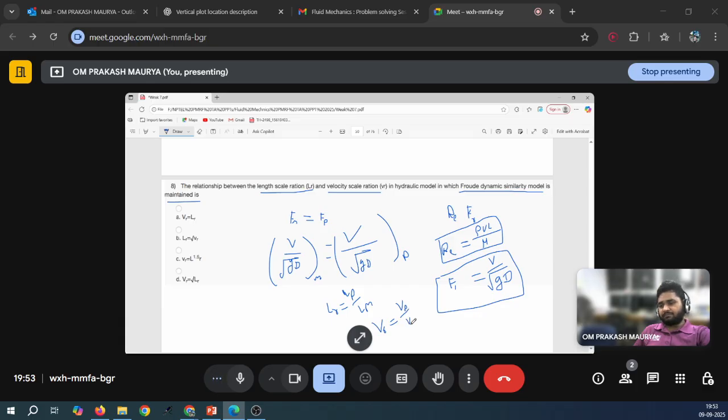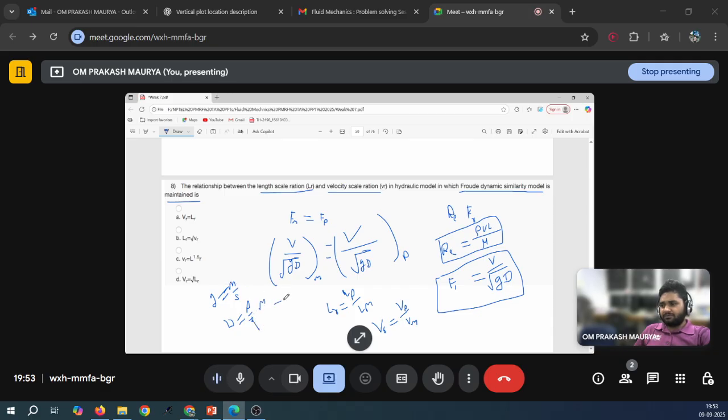So now you can think here. What is G actually? G is meter per second square. And what is D? D is area by top width, so again you have meter.